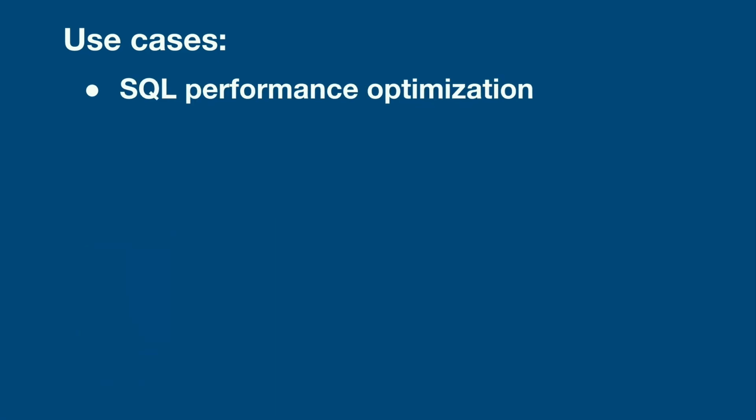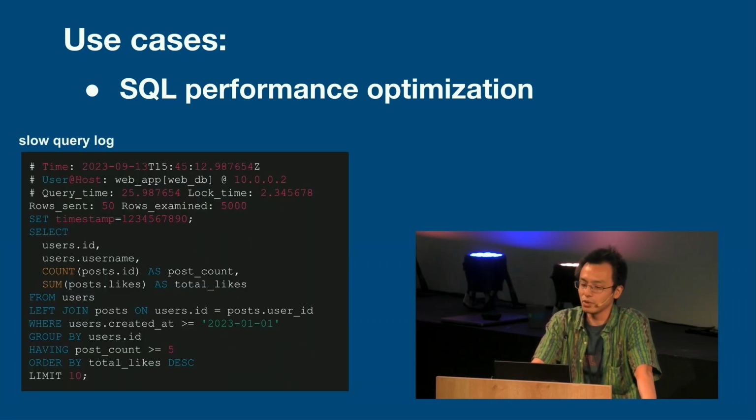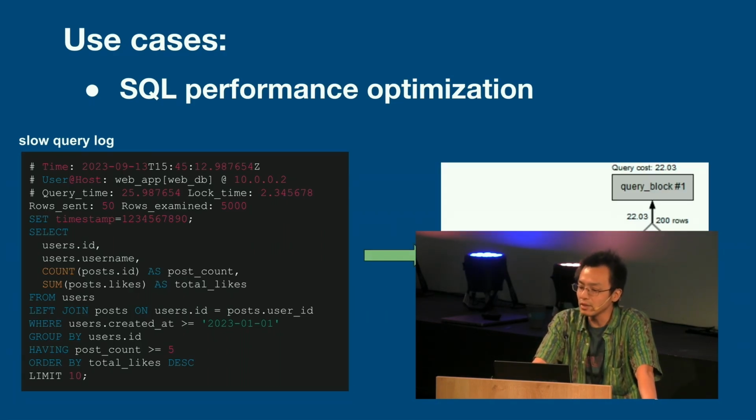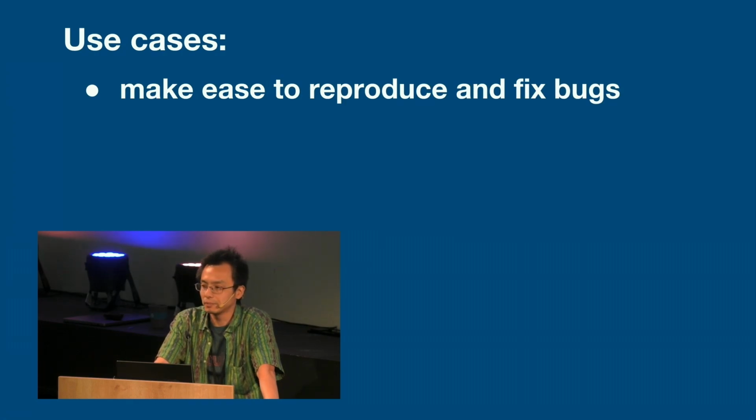Or this is also a typical use case, SQL performance optimization. You have a slow query log in production, but if you want to optimize, you need a really accurate execution plan. For this, you need a data set similar to production. Or sometimes some bugs come from data.